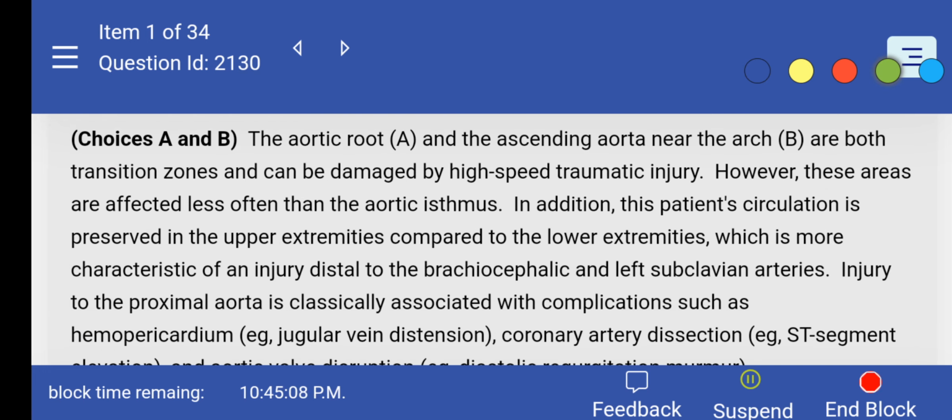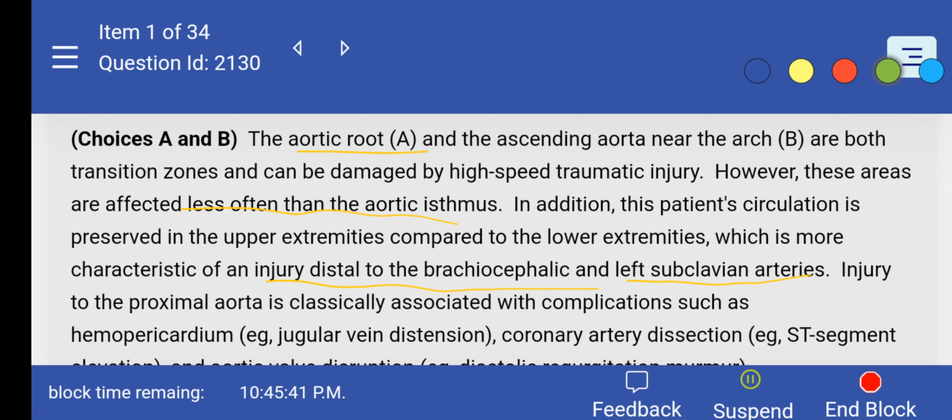So now, why not options A and B? Because the aortic root, which was A, and the ascending aorta near the arch are both transition zones and can be damaged by high-speed traumatic injury. However, these areas are affected less often than the aortic isthmus. In addition, this patient's circulation is preserved in the upper extremities compared to the lower extremities, which is more characteristic of an injury distal to the brachiocephalic and left subclavian arteries.